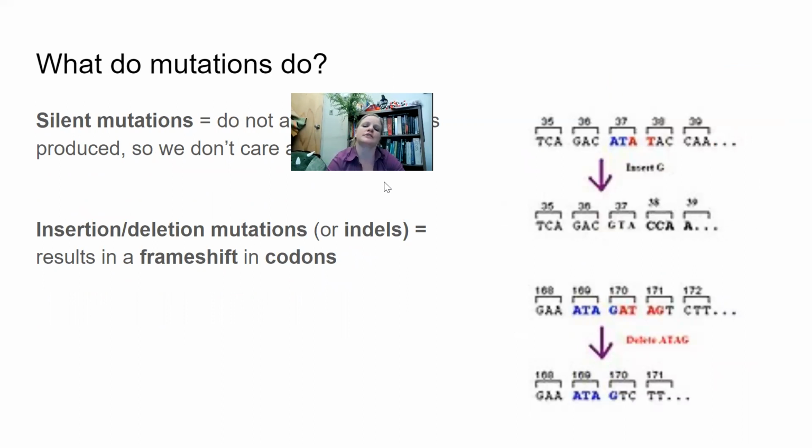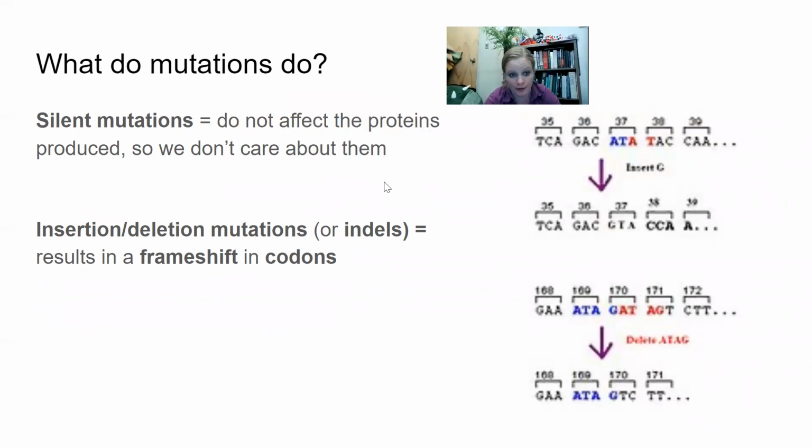So what do mutations do? Well, they might do nothing. And if they do nothing, then they're silent mutations. We'll talk about this a little bit more when we get into actual protein synthesis, where we have a little bit of wiggle room in how these codons, these groups of 3 nucleotides, code for a certain amino acid.